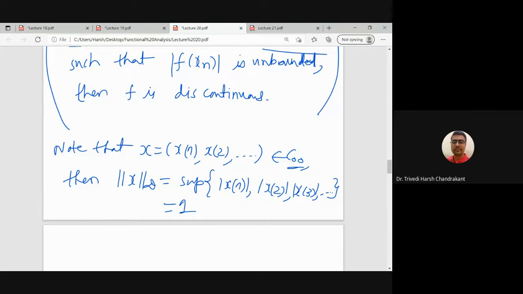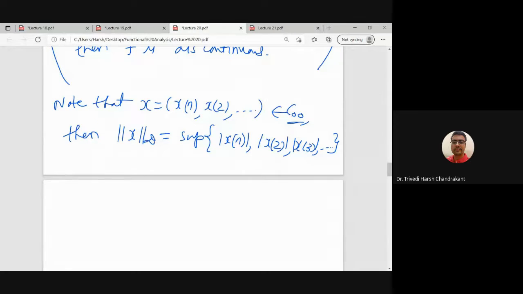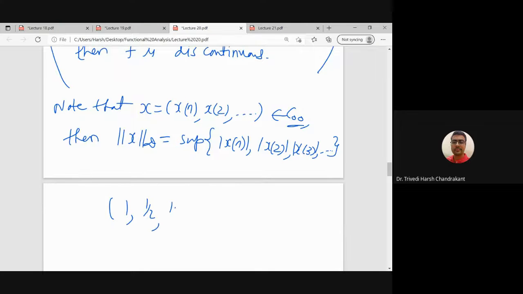So the maximum value of the modulus of each entry is 1. In particular, we can take sequences whose coordinates are only 1 and 0. Those are simple unit vectors. For example, 1, 1/2, 1/3, 0, 0, and so on.